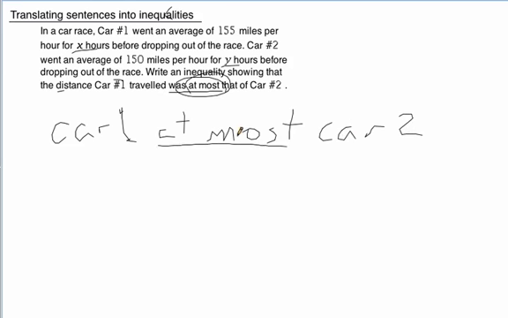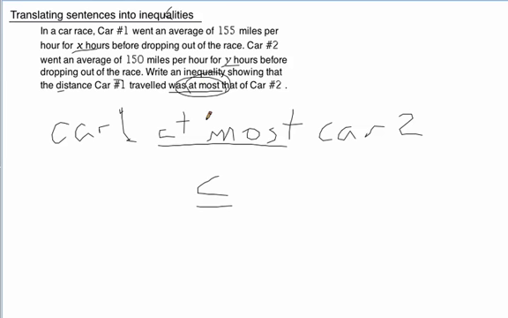That means it can't be bigger. It means at most car 1 can, at the very most, be the same. So that means it can't be bigger, so it must be less than. But can it be equal also, is the question we have to ask ourselves. And it says at most car 2, so our answer has to be that yes, it can be equal to, but it must be less than or equal to.